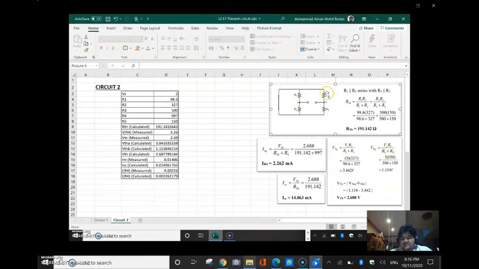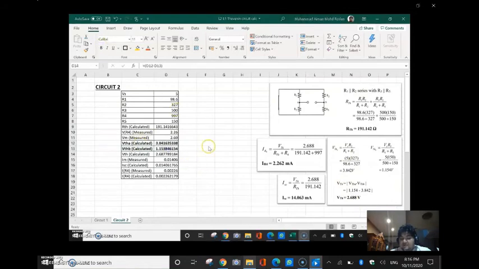Now for VTH, we have to calculate VTH-A and VTH-B, as there are two complete loops in the circuit. So by calculating VTH-A, which is 3.84 volts, and VTH-B, which is 1.15 volts, using the formula again, we will be able to calculate VTH.